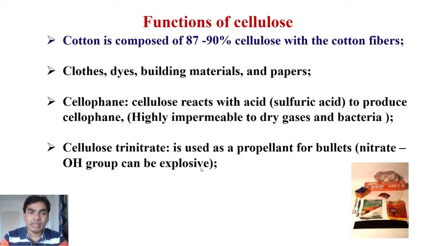Cellophane is produced when cellulose reacts with sulfuric acid, and it is highly impermeable to dry gases and bacteria, so we use the cellophane membrane. In many cases we also use cellulose trinitrate as a propellant for bullets. The nitrate OH group can be explosive.